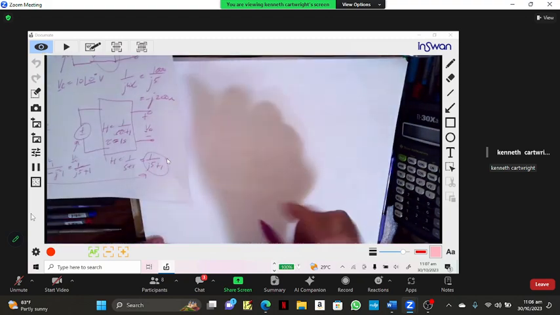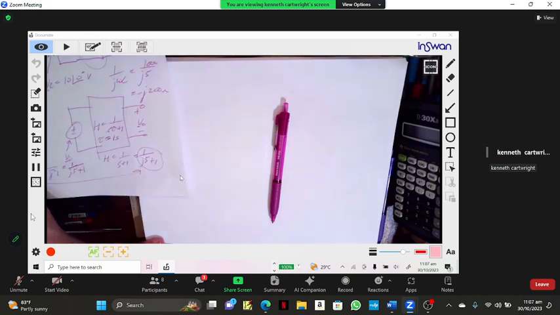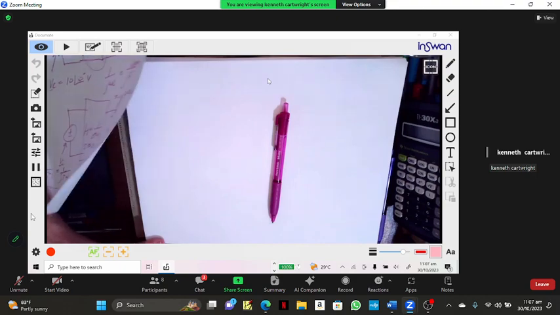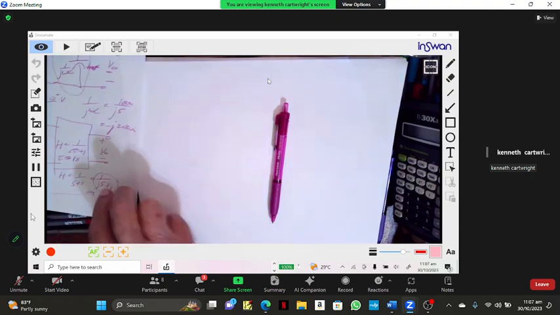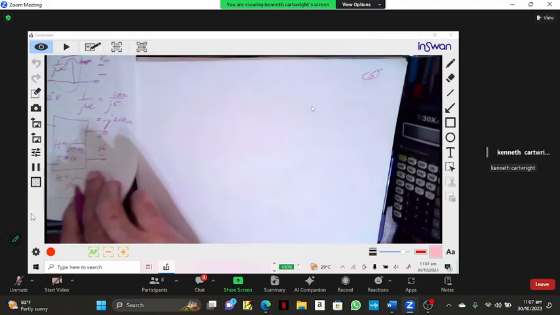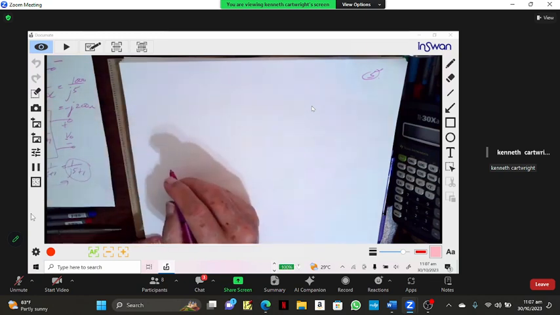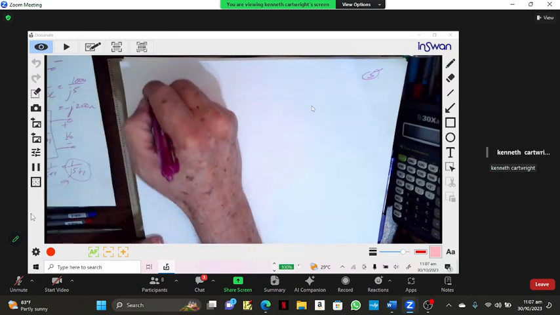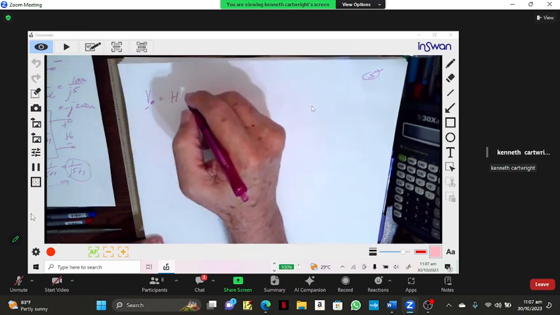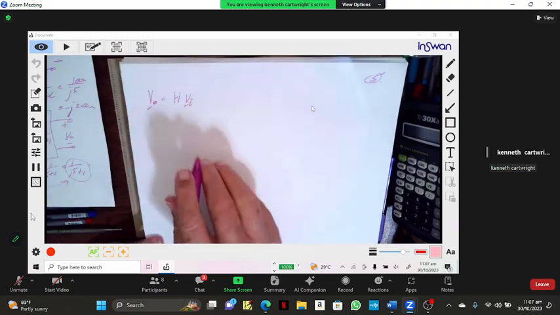Okay. Let me see what this chart is. All right, so let me just recap what the important thing is. V out is the frequency response times the V in phasor.